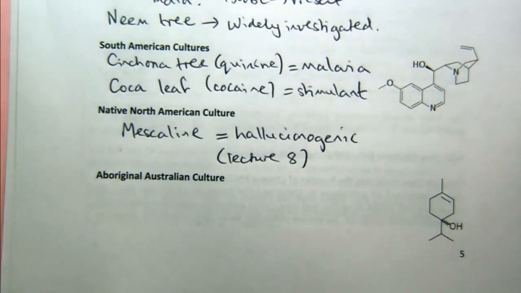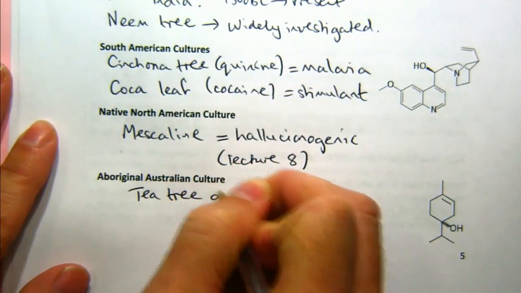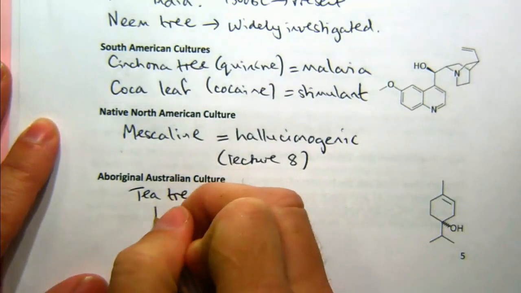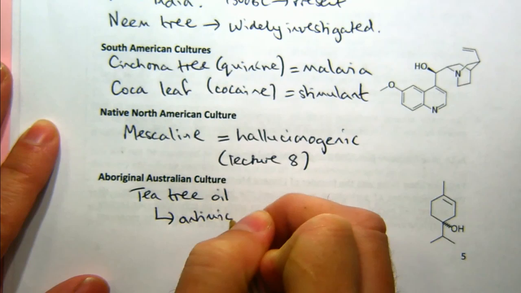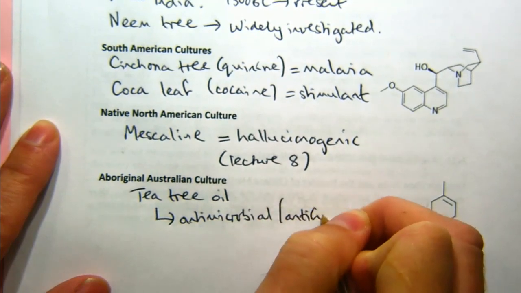And if you look to Aboriginal Australian culture, one of the interesting products coming from there that's really widely used everywhere is tea tree oil. That originally comes from Aboriginal use, and it has a mild antimicrobial and antifungal use.